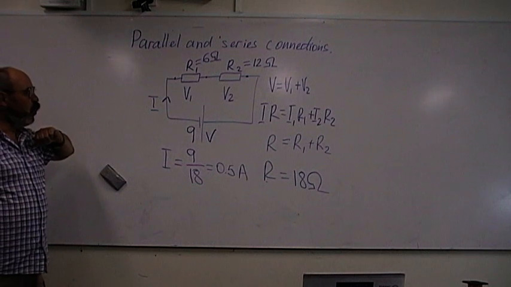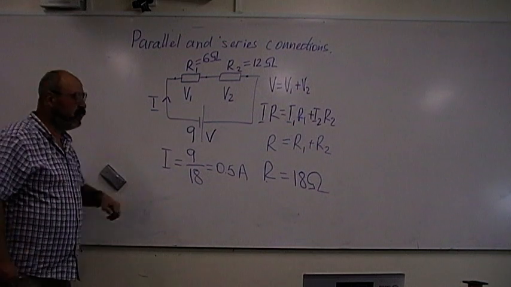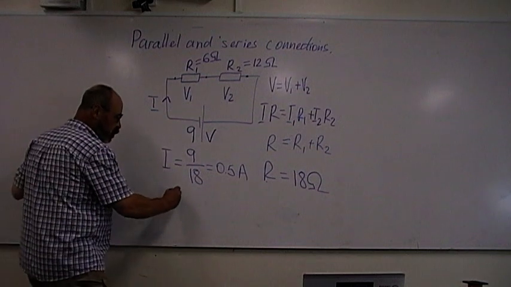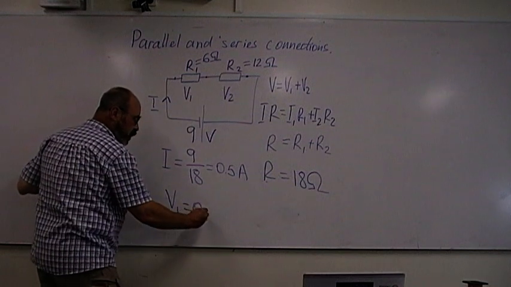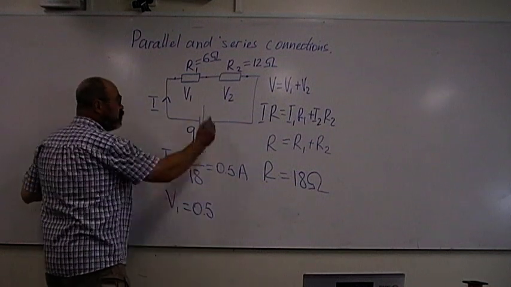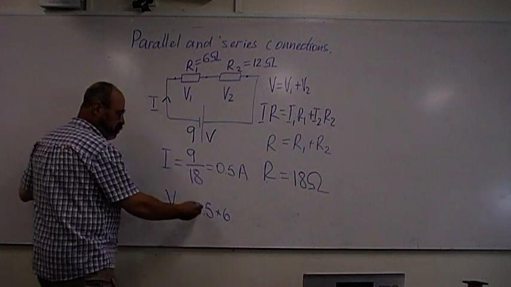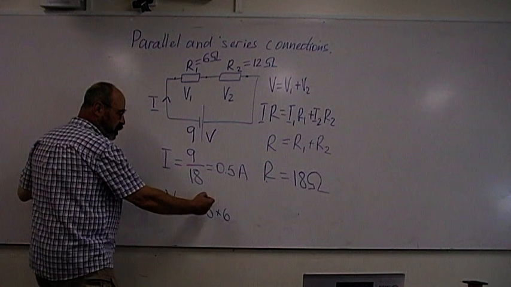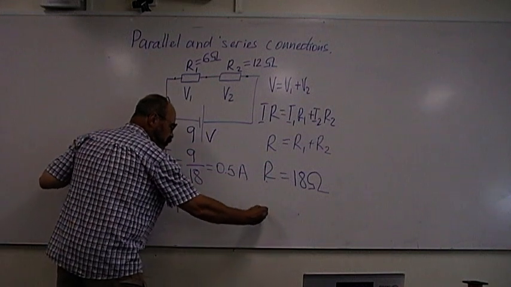What will be the voltage across resistor 1? How can we find it? Using Ohm's law. Current through each of them is the same, 0.5 amps, times resistor 1. This is I times R, current times resistance, equals 3 volts.